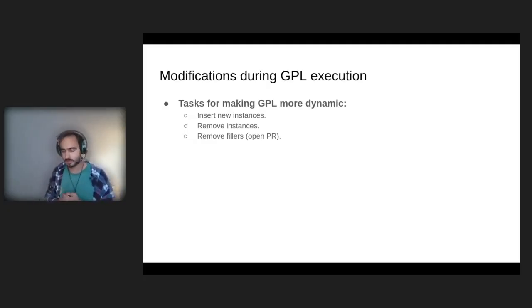Then it has parallel vectors. It's really messy, but it's messy for a reason because it's really good in runtime. So it was quite a challenge to enable the tool to insert and remove instances during execution with parallel vectors. Recently we are also able to remove fillers. This is not an open PR anymore. It's finished.